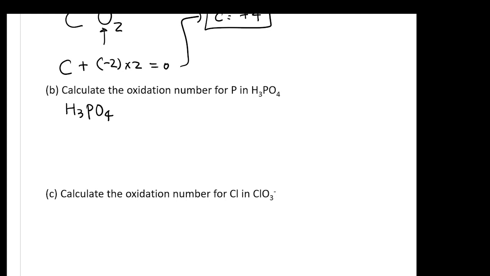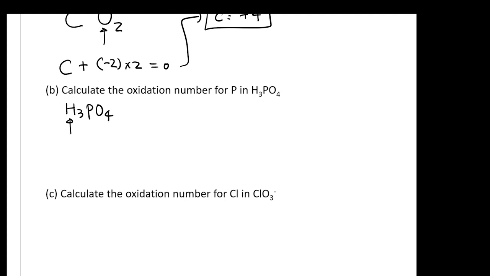H3PO4. Is this a neutral or charged species? Neutral, right? You don't see any charges on the top right corner. So the sum of oxidation numbers of all atoms needs to equal 0.